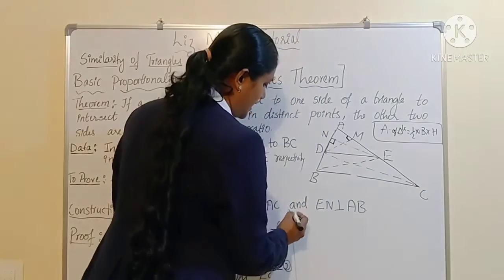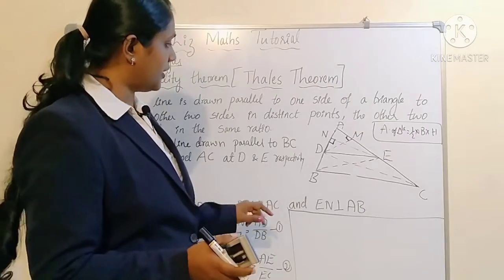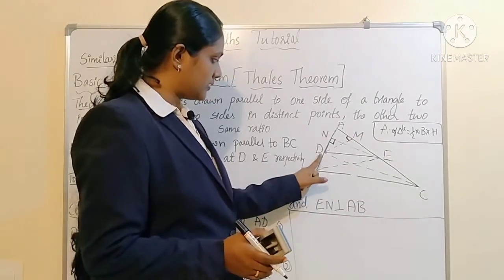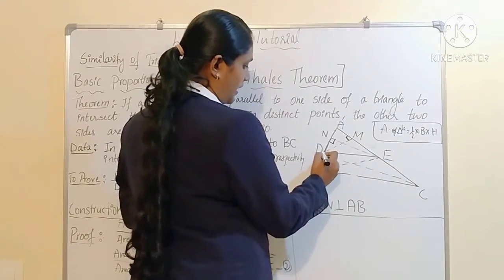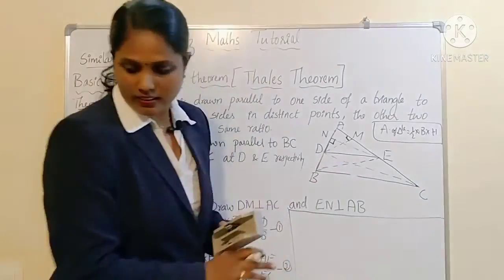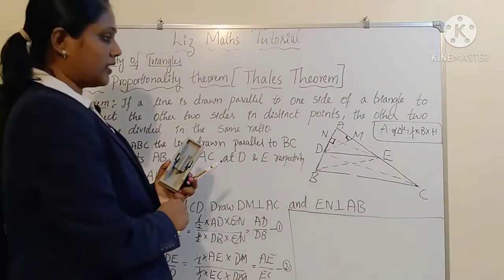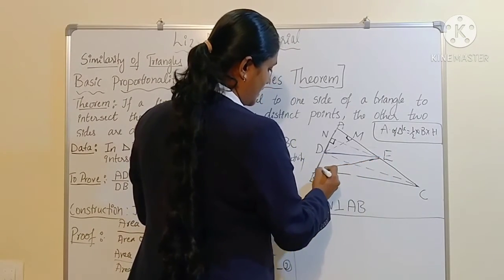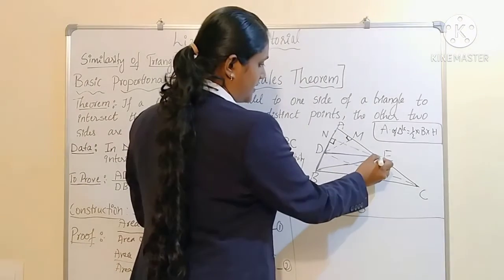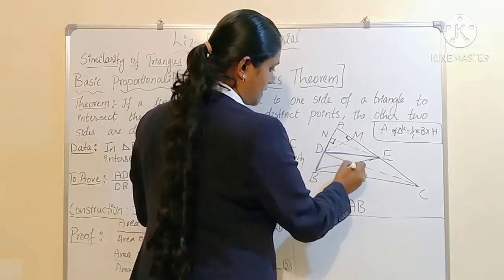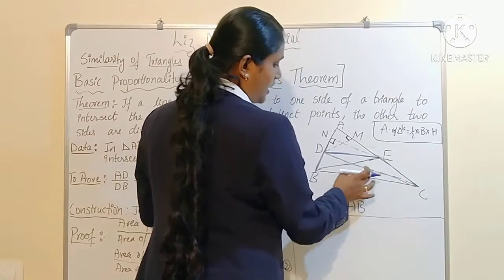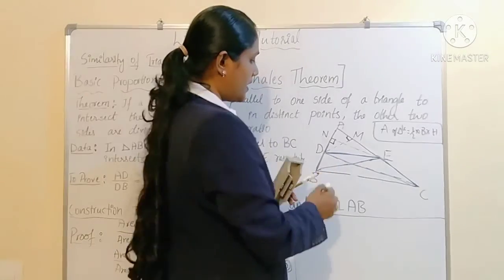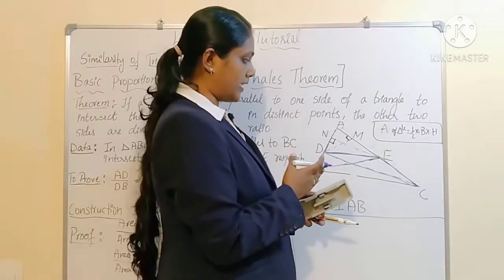Now we have to see the last one. You can see the triangle BDE, and this other triangle. If you consider these two triangles, DE is the same base for the two triangles.